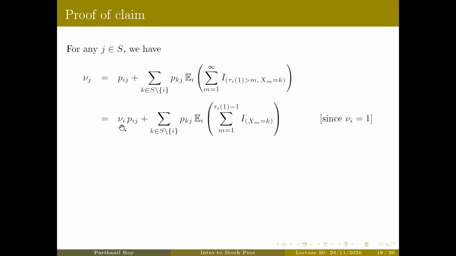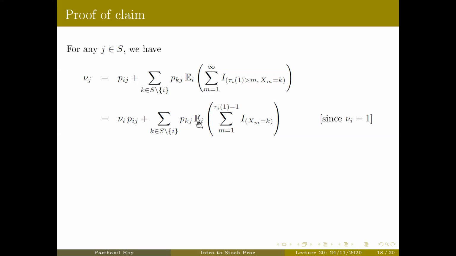One is this p_{ij}, which is ν_i times p_{ij}. Now remember, ν_i was 1, because the quantity inside the expectation is 1 with probability 1. Therefore, the expected number of visits to i in an excursion to i is of course 1. So therefore ν_i is 1. Using that, we can write ν_i times p_{ij}.